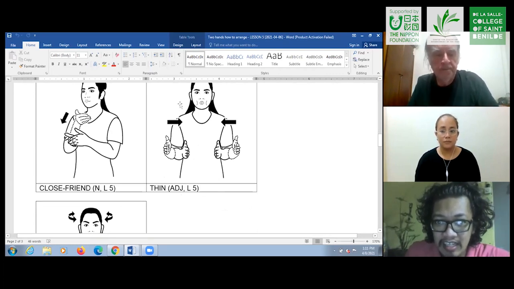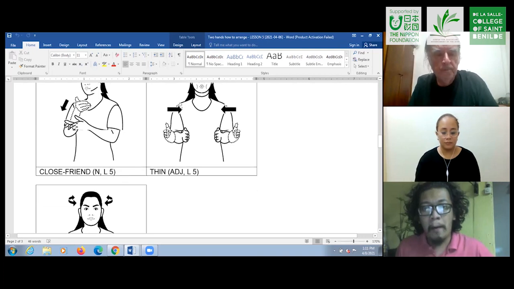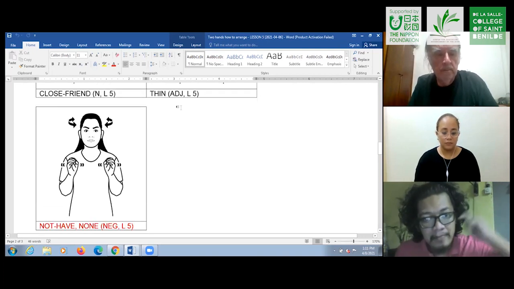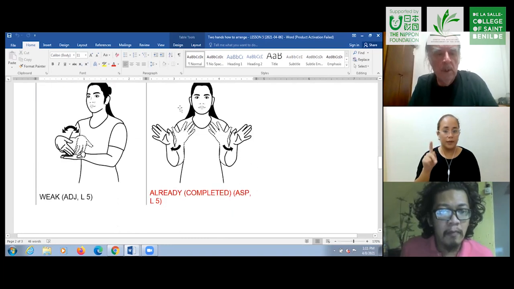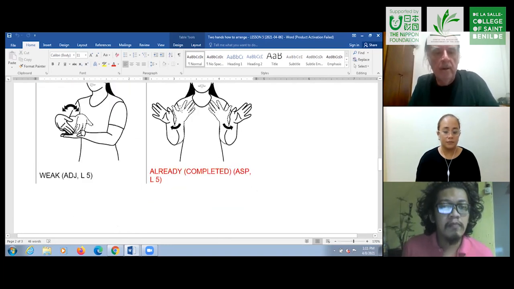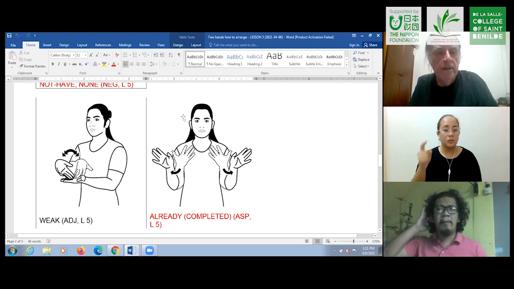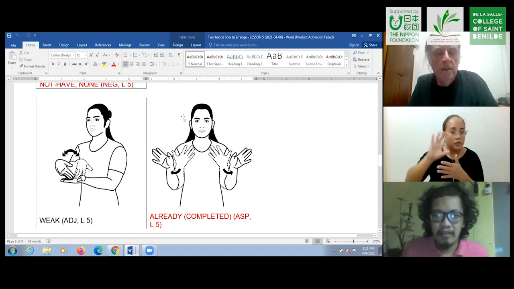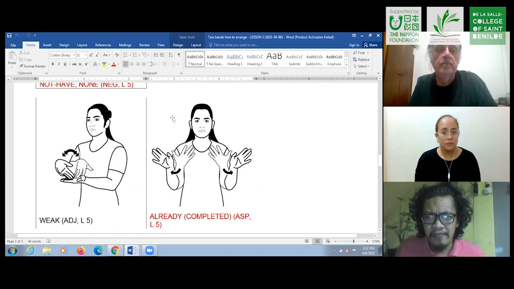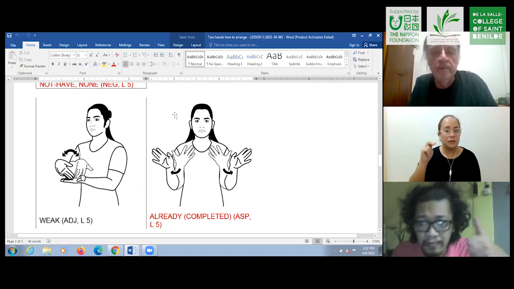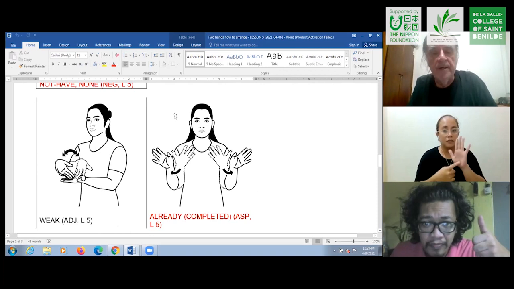Go down. All right, then for the weak and already completed, you may need finger orientation, but palm and finger for the dominant hand.